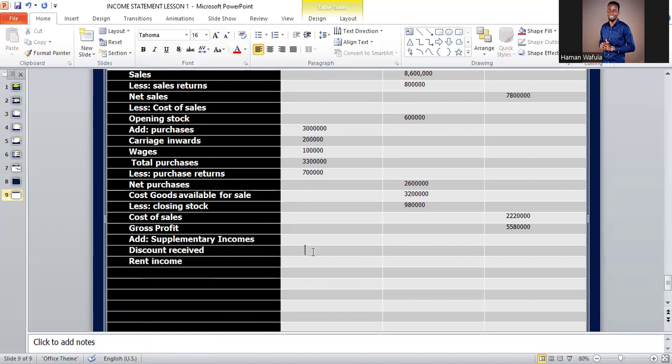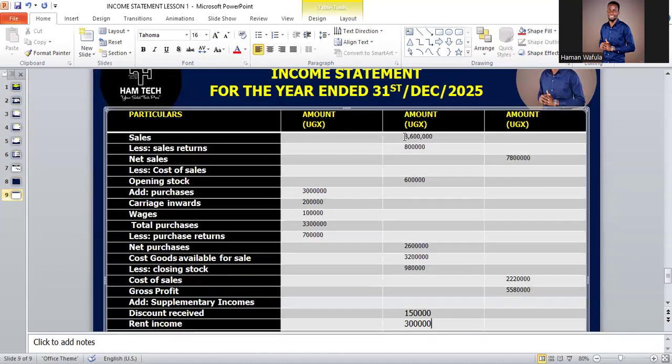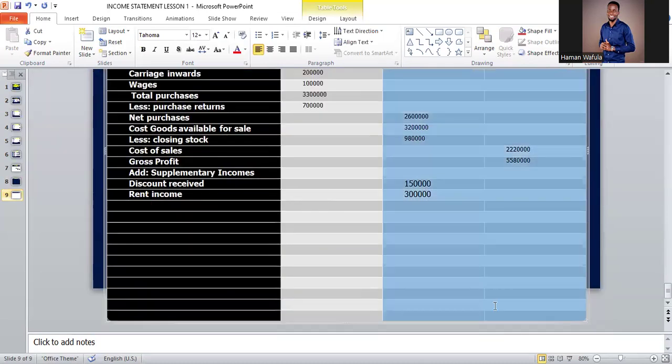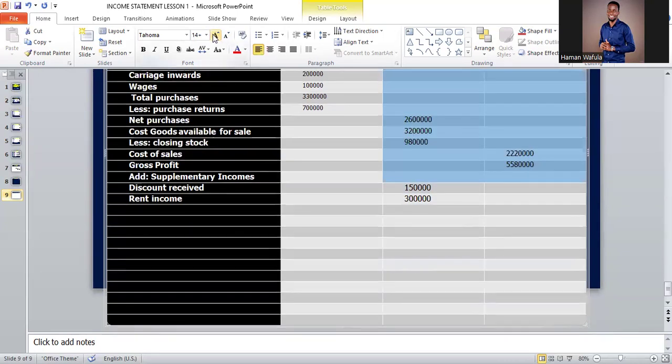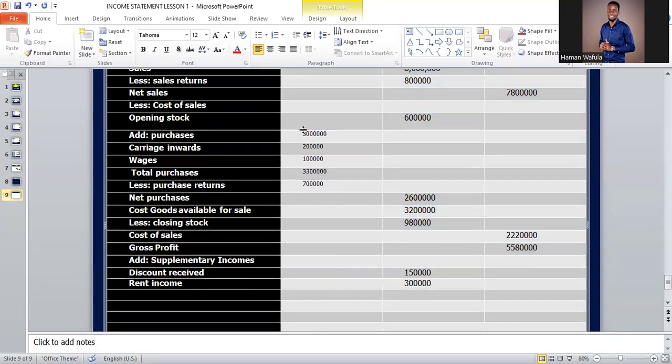So discount received is 150,000. 50,000. Rent income is 300,000. Those are the only incomes that we have. Let me try to increase the font size of these figures so that we can see them.